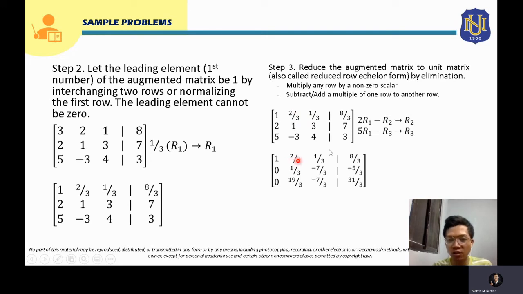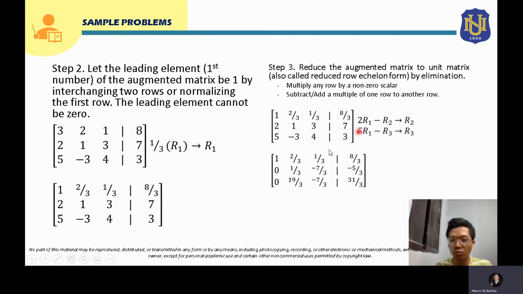So input that in your calculator. Then we have here 2 times 1/3 minus 3, that will give you negative 7/3. And we have here 2 times 8/3 minus 7, that will give you negative 5/3. So this will now become the new second row.